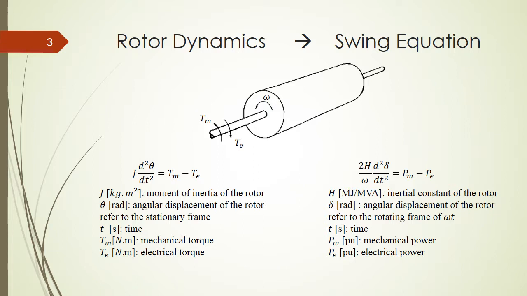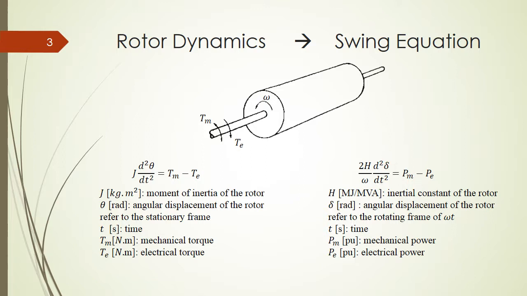We also express the same relations, but here we have H, the inertia constant of the rotor, which is in megajoule over mega VA. This one expresses the relation between the kinetic energy of the machine or the rotor in comparison with the base power of a system. The Pm and Pe are the powers applied to the rotor, also in PU.